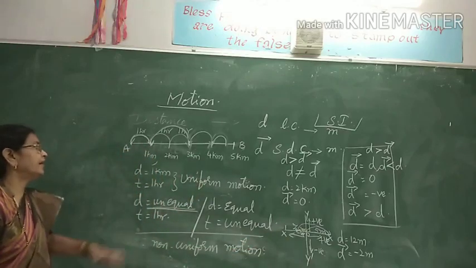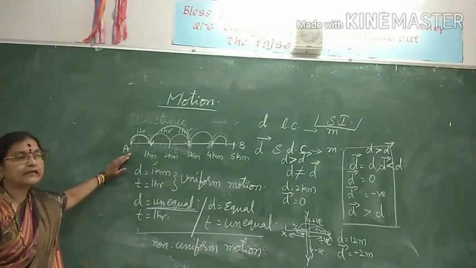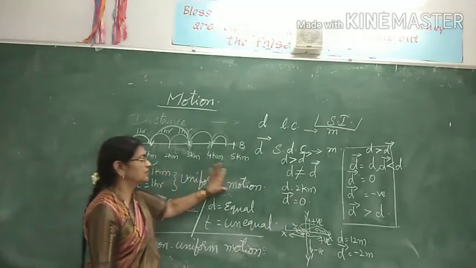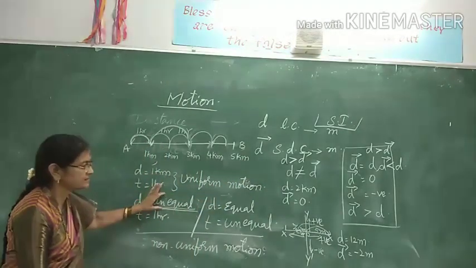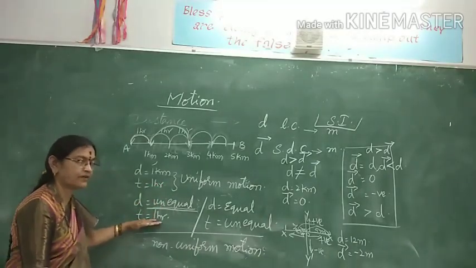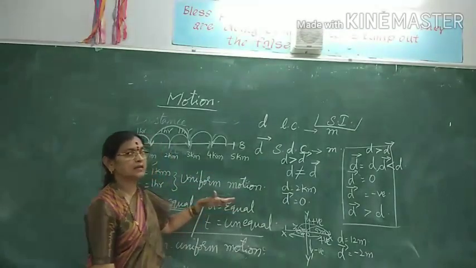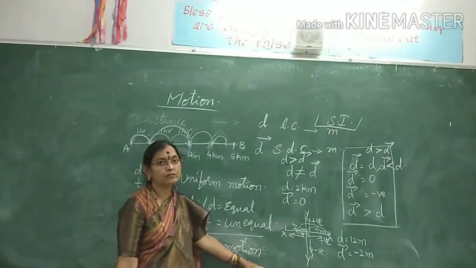If a moving object is covering equal lengths or equal distances in equal intervals of time, then it is termed as uniform motion. If it is covering unequal distances in equal intervals of time or vice versa, meaning equal distances in unequal intervals of time, it is called non-uniform motion.